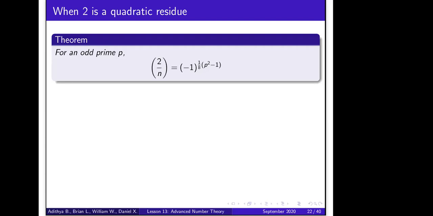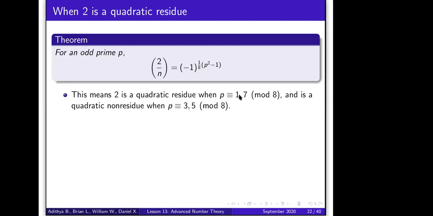We're not going to show the proof today. It's in the handout. We just don't have time for it today. So in particular, this means that 2 is a quadratic residue when p is 1 or 7 mod 8, and it's a quadratic non-residue when p is 3 or 5 mod 8.